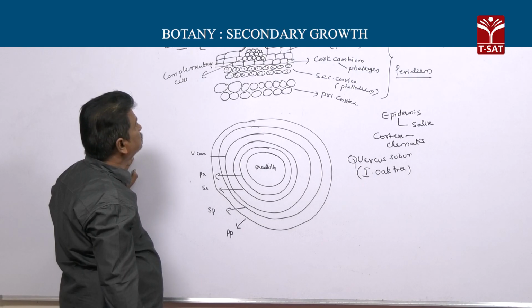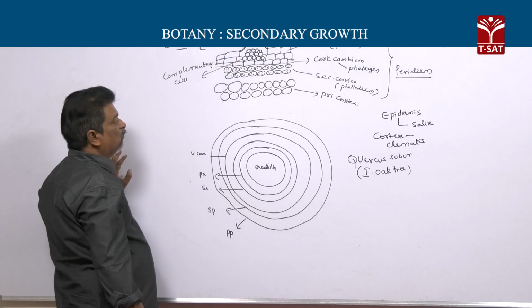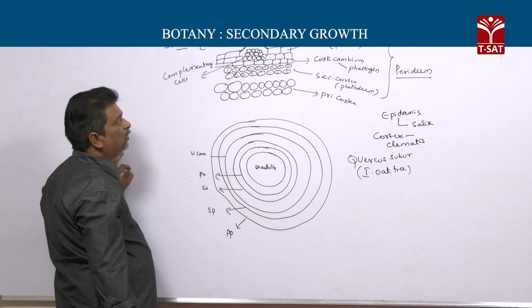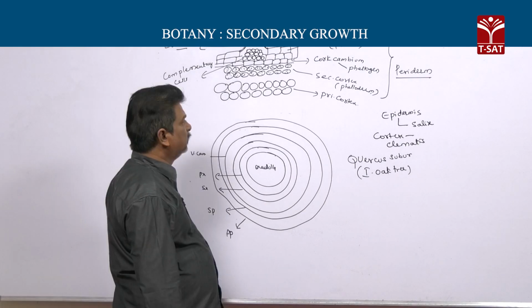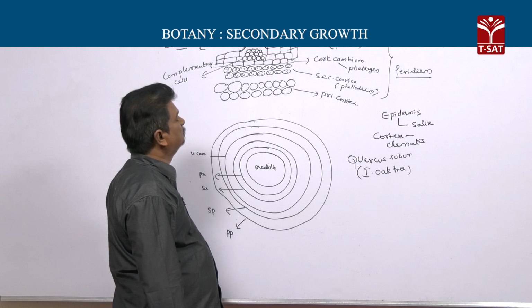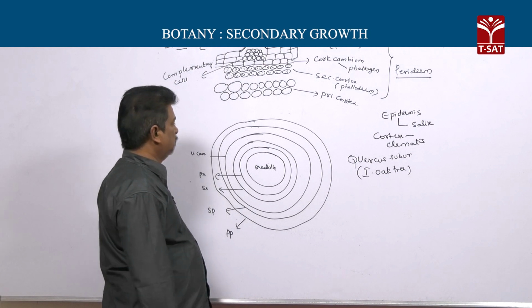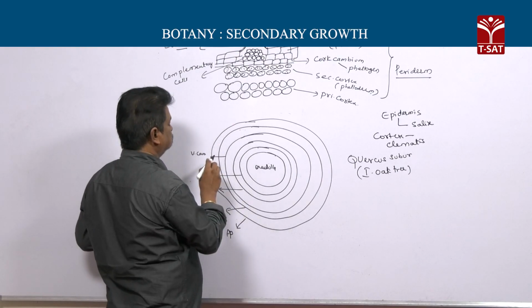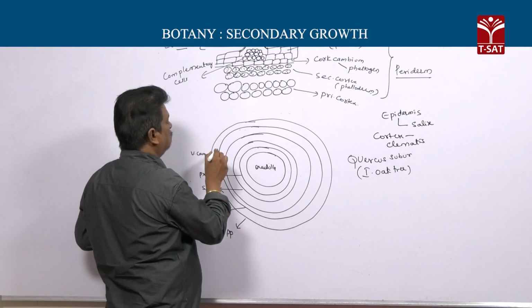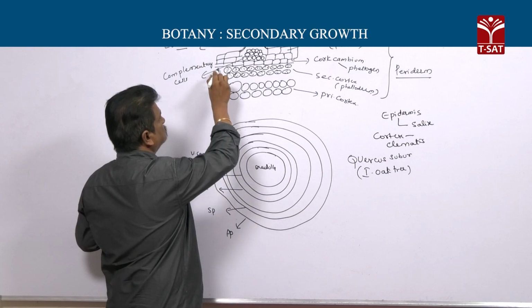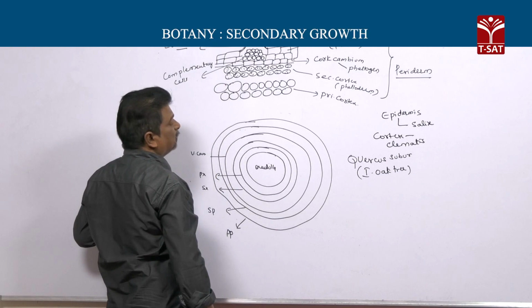Now, what is bark? Bark has a technical and a non-technical meaning. Technically, bark is everything outside the cork cambium. Non-technically, all tissues present outside the vascular cambium form bark.